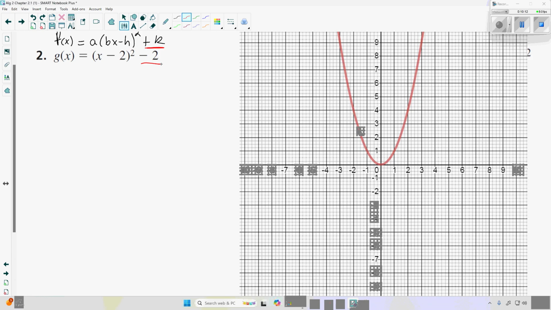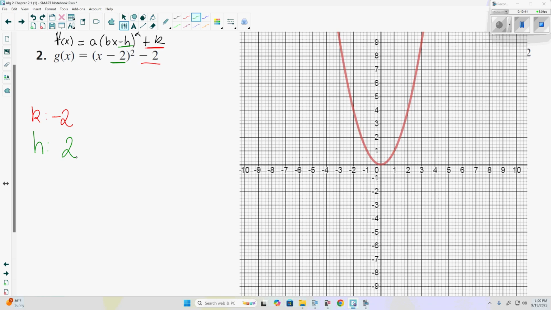So looking at this here again, A and B, we don't have a value. But do we have a value for K? And what's K's value? It is 2, but it would be -2. Do we have a value for H? The number would indeed be 2, but would it be +2 or -2?